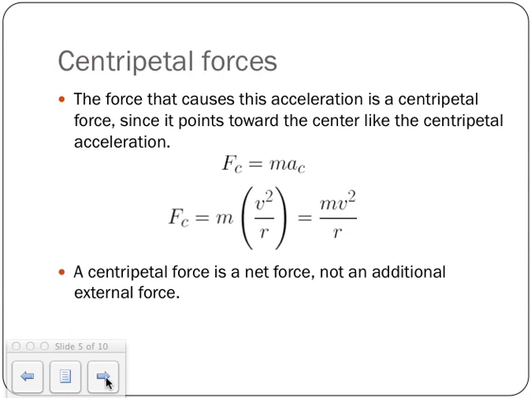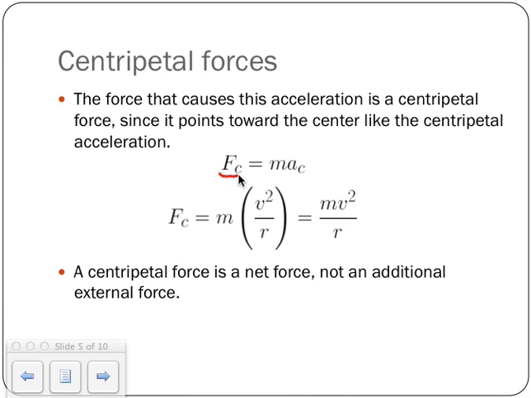We know from Newton's second law, F equals ma, that whatever direction the acceleration is, the force has to be in the same direction. So whatever force causes the centripetal acceleration would have to be in the same direction as that acceleration.